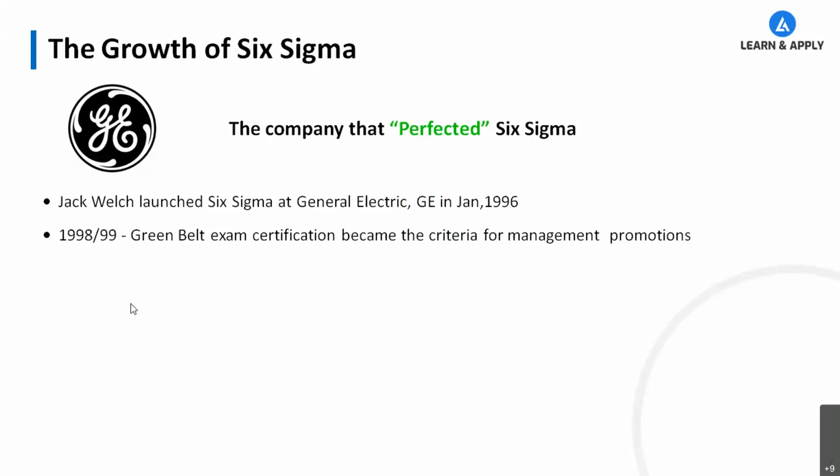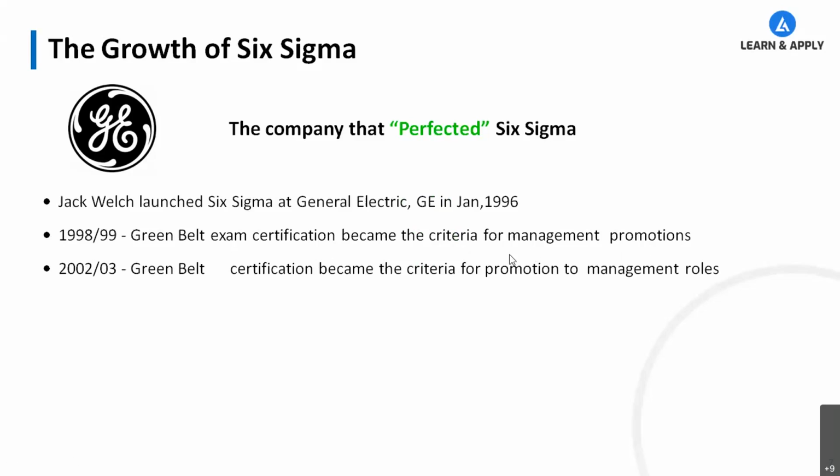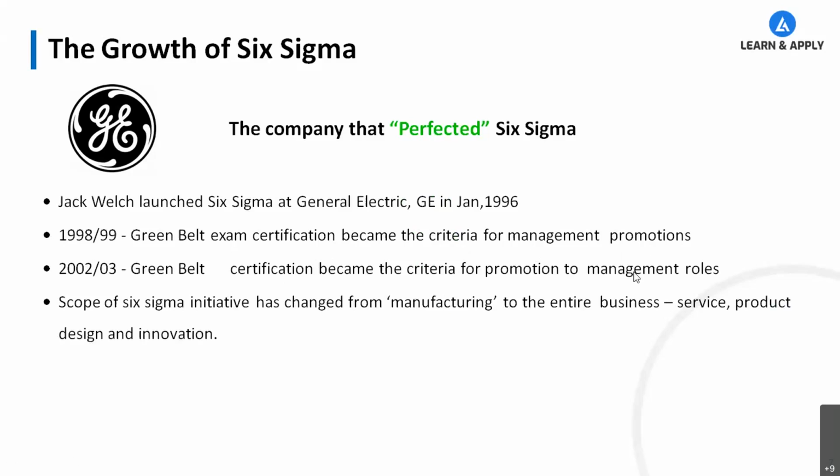In 1998-99, the Green Belt exam certification became the criterion for management promotions, and by 2002-03 it was also the criterion for promotion to management roles. In this way, the Six Sigma methodology got ingrained into General Electric.